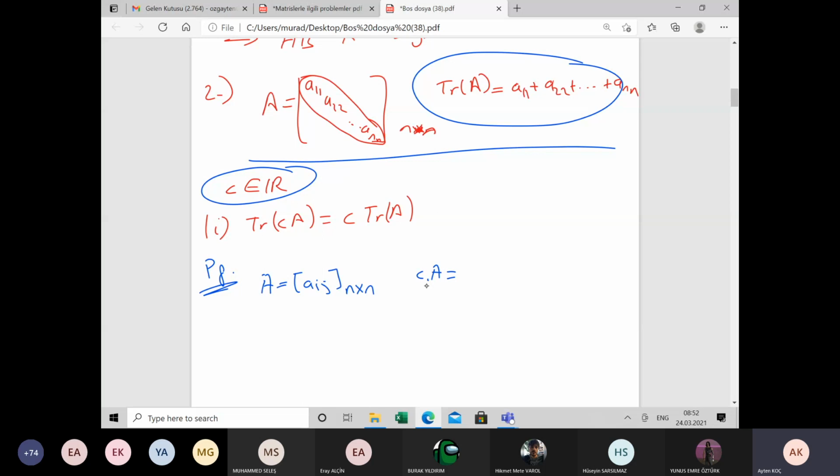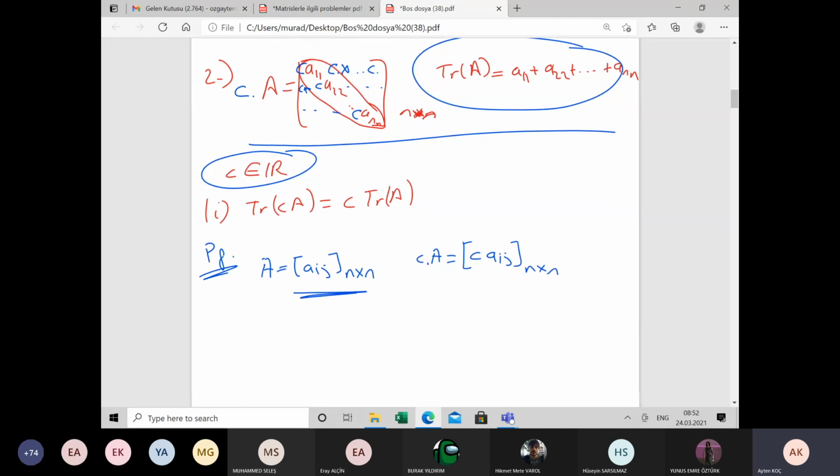C times this one means multiplying all entries by C, so the ij entry becomes C times a sub ij, still an n by n matrix.